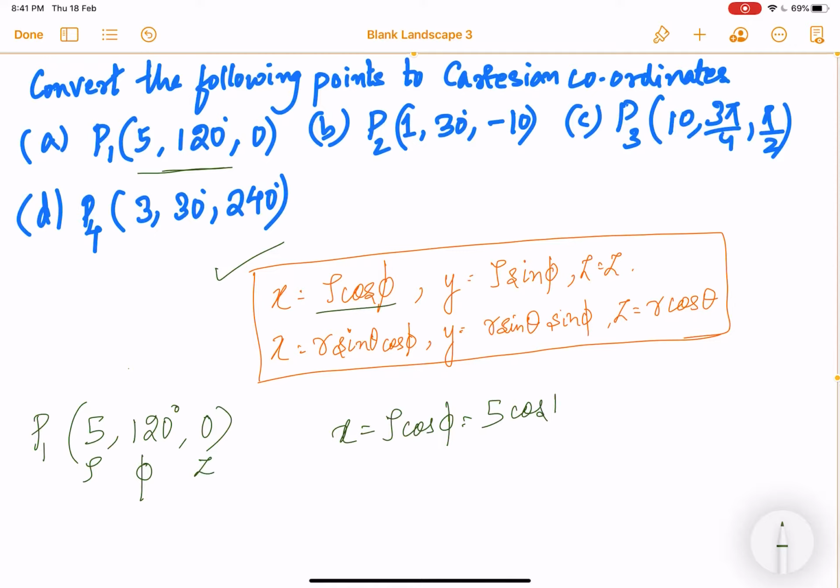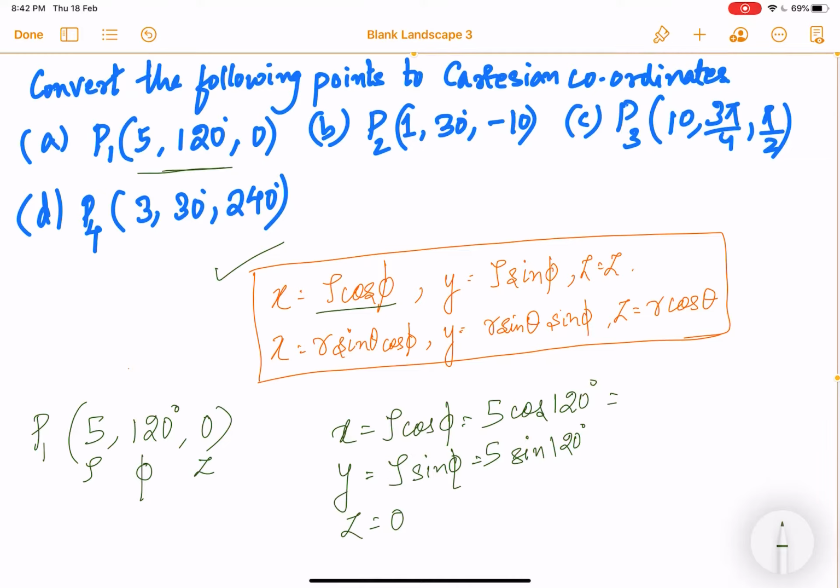This is 5 cos 120 degrees. Y will be rho sine phi, that is 5 sine 120 degrees, and z is 0 as usual. So what is 5 cos 120 degrees? Well, take out your pen and paper and start solving with me, and do it quicker than I'm doing.